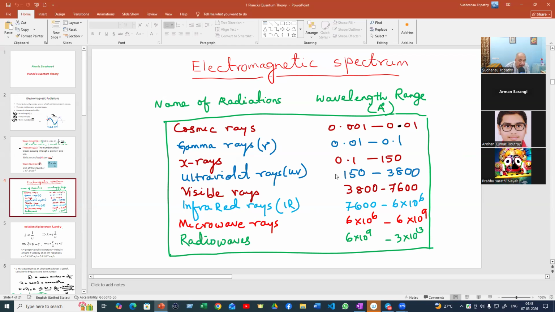The wave I gave you, 3000 angstrom, belongs to the ultraviolet rays. It doesn't have any color. Excepting visible radiations, no other radiations will help in developing any color. They are colorless. Only these are colored, from 3800 to 7600.